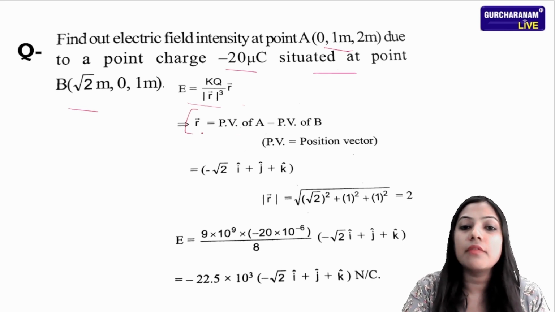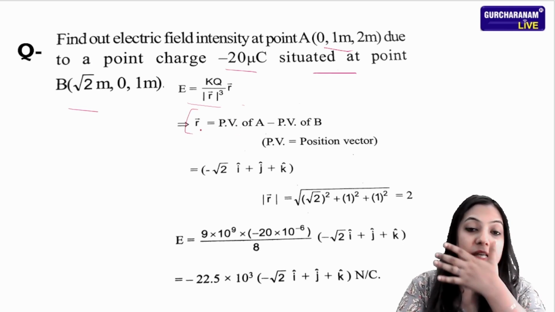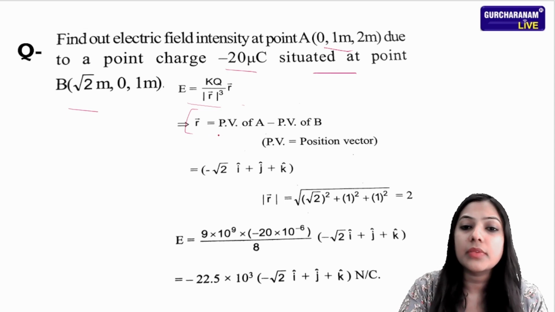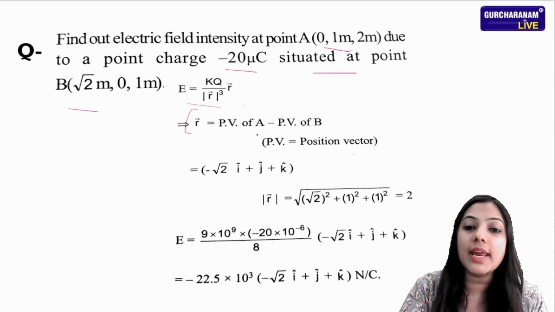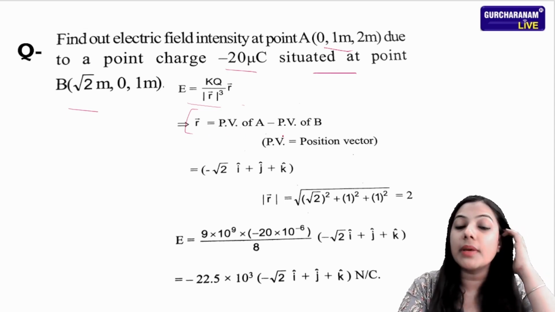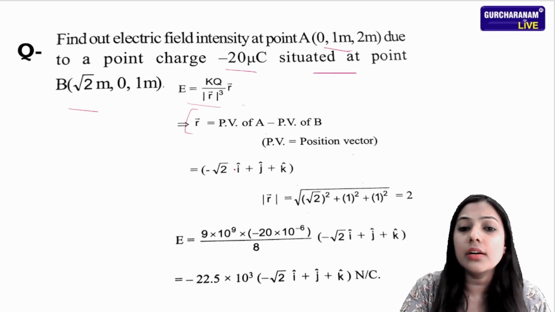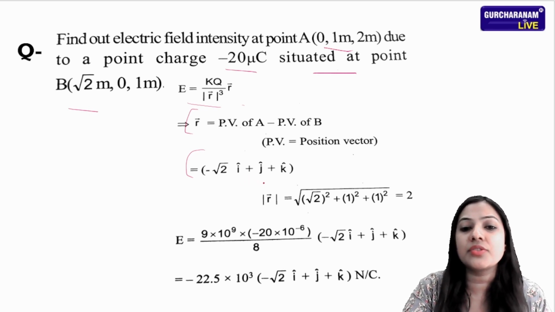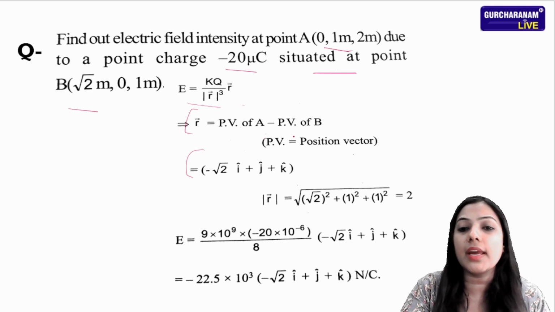First of all, we have to find the r vector. How to find r vector? Position vector of A minus position vector of B. We have given position vectors: root 2 i cap plus j cap plus k cap. If we subtract the position vector of B from the position vector of A, we will get the value minus root 2 i cap plus j cap plus k cap.